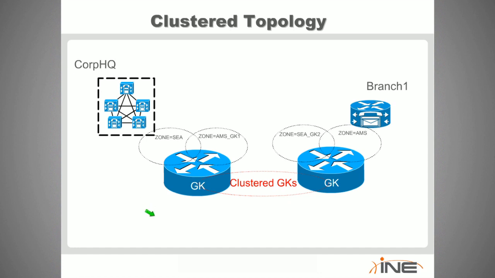So I could have two gatekeepers running the exact same configuration and have HSRP configured between them. This is another not pictured gatekeeper here, and whoever was the active state HSRP router would be the one handling the requests. And of course, the corporate headquarter cluster would know about the virtual IP that both of them share. Same thing at the other site.